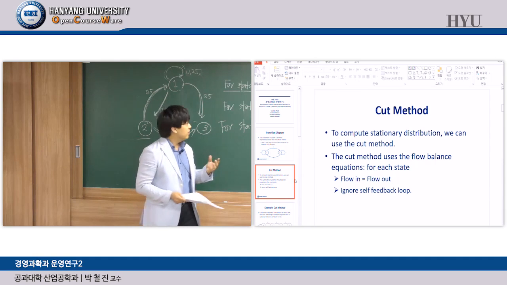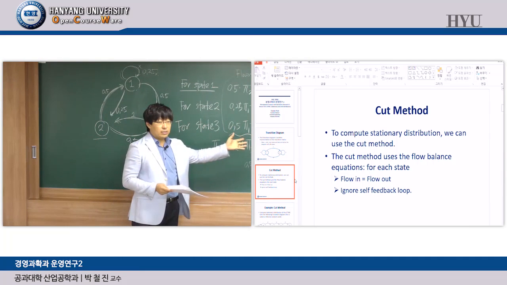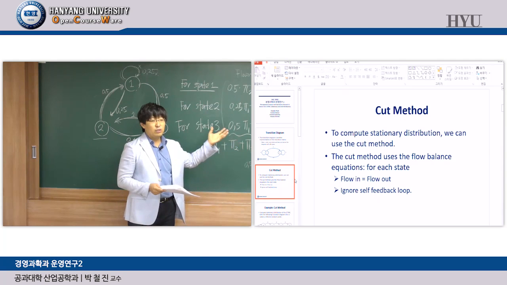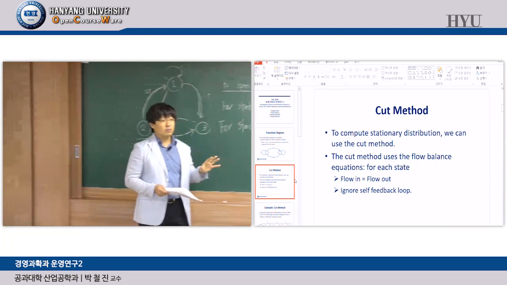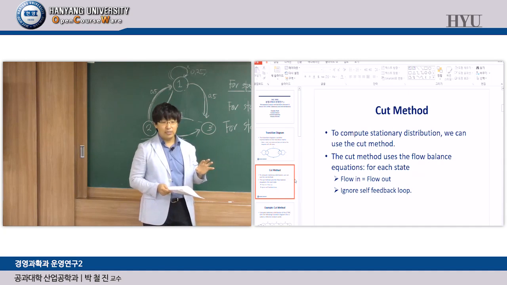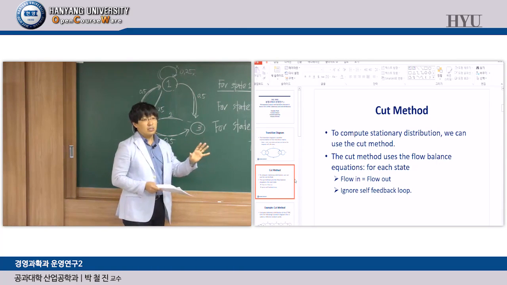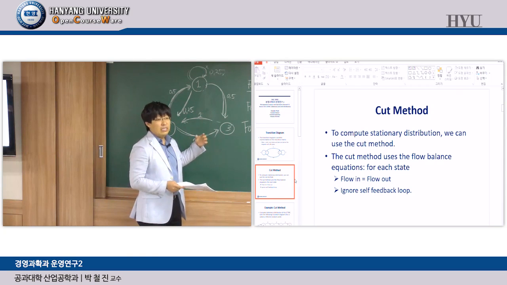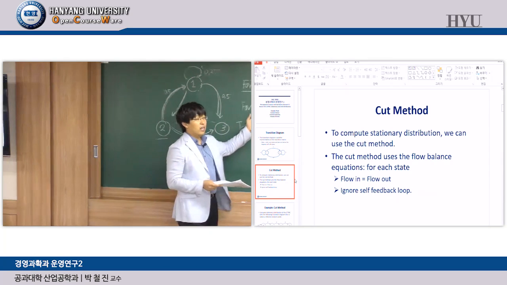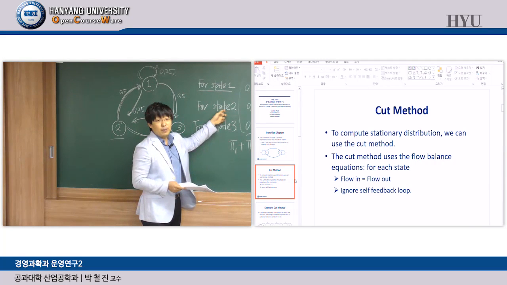Okay. When we consider the transition matrix, we need to solve a system of linear equations based on pi times P equals pi, right? And the summation of all the pi i equals 1, right? Instead of solving such a system of linear equations, if you have this diagram, then we can figure out a simpler representation of pi times P equals pi.